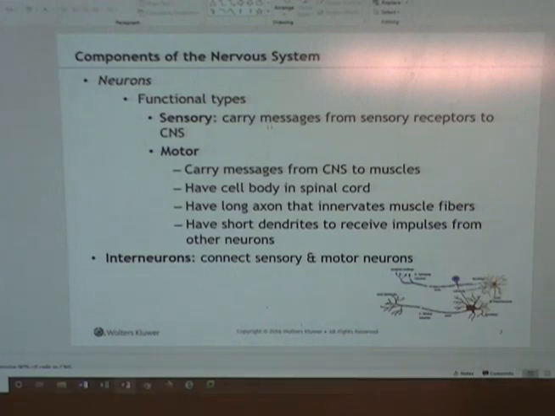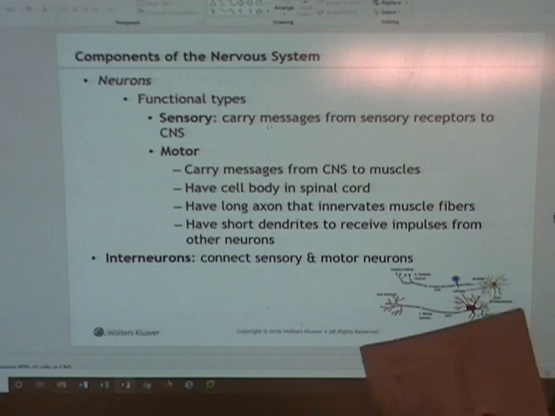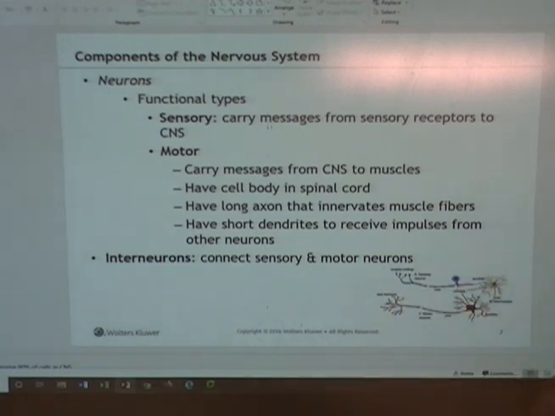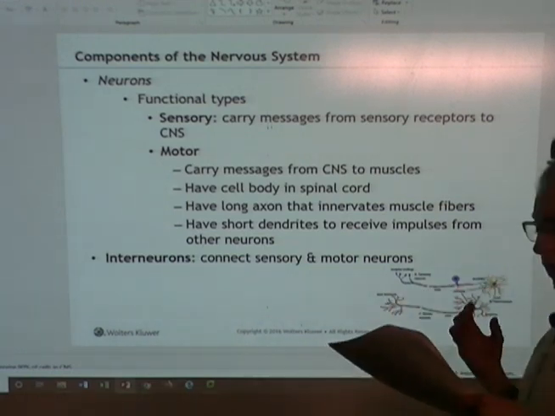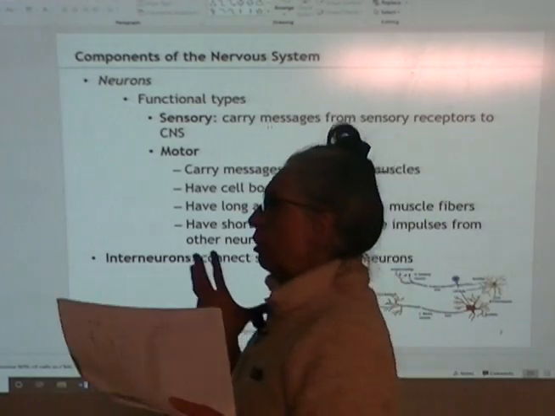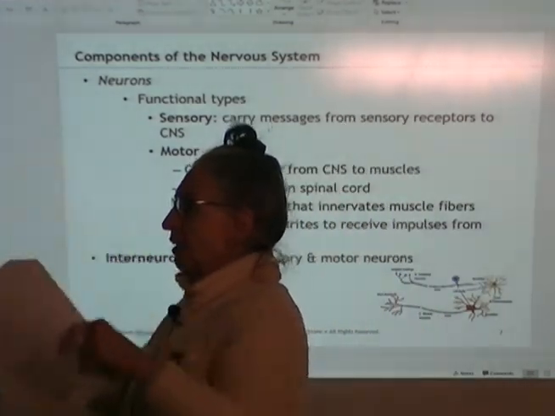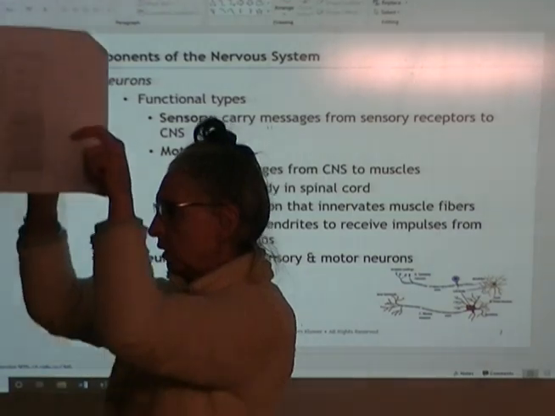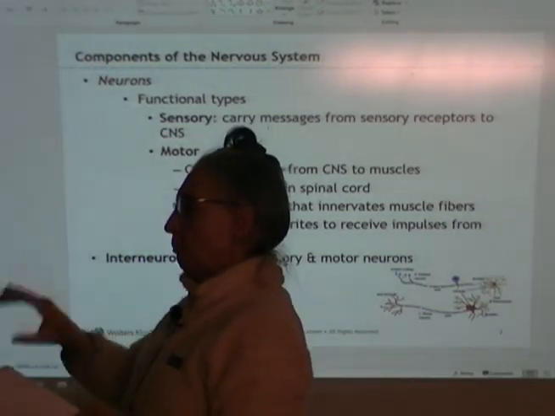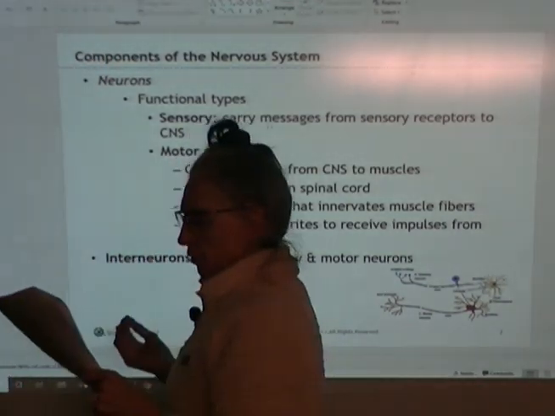The other types of cells that we see in the nervous system, about 90% of the cells in the central nervous system are what we call neuroglia. And neuroglia are responsible for providing the sort of padding, the support system, and they provide nourishment to the nerve cells.